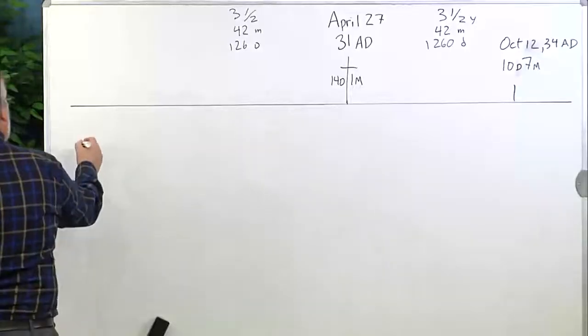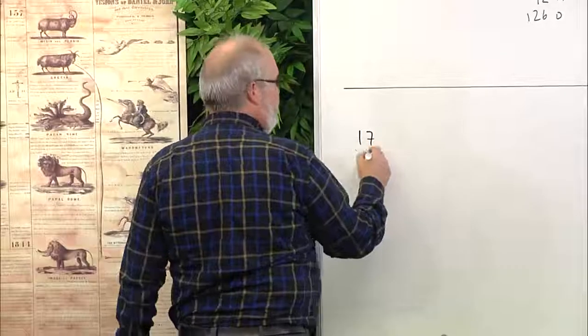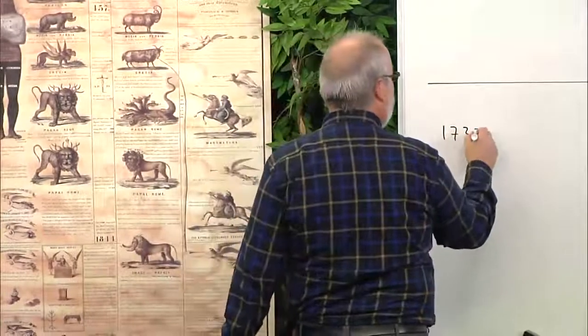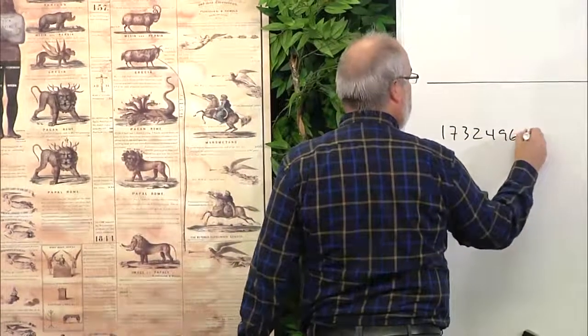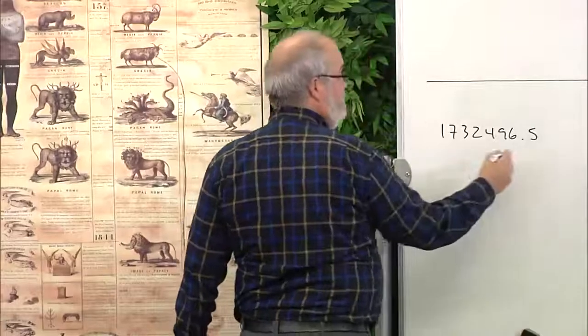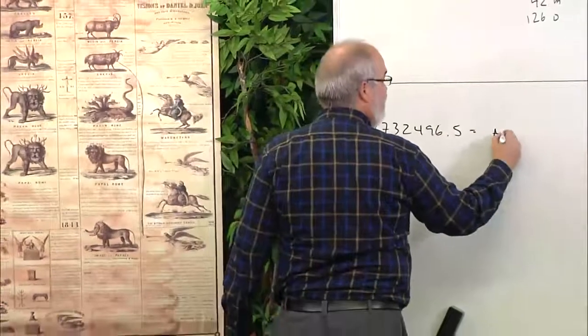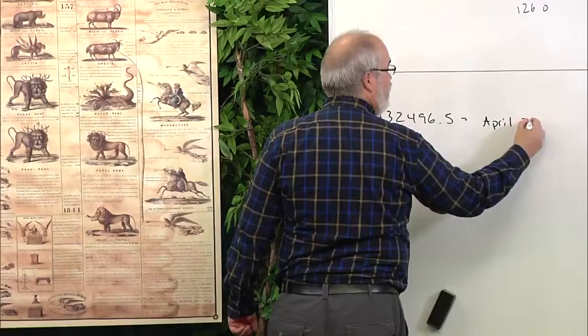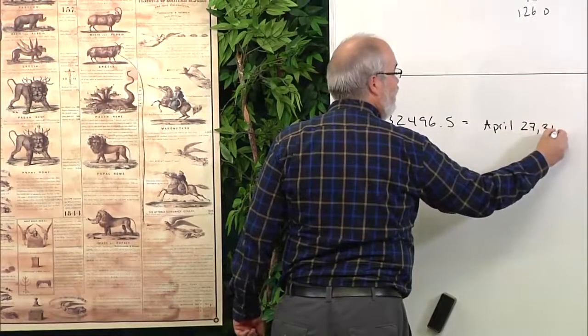And so I put in the Julian calendar the date April 27th, and I'll find that I get a Julian day number 1732496.5. So that is the same as April 27th, 31 AD.